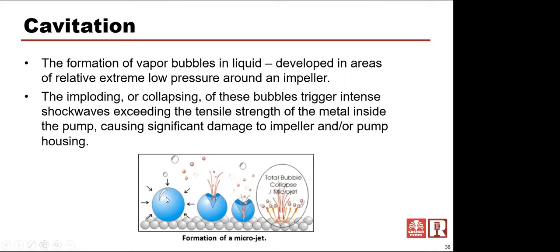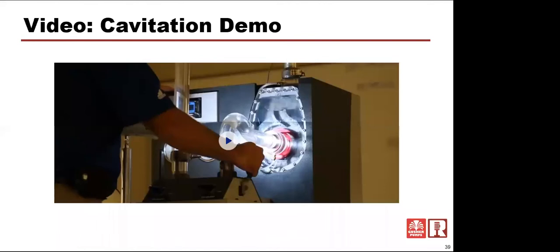Basically, it is a vacuum bubble that's created by low pressure that all of a sudden collapses. And that collapse is so violent that it can destroy metal that's close to that collapsed bubble. That's how violent a collapse it is, and that's why cavitation is so damaging.